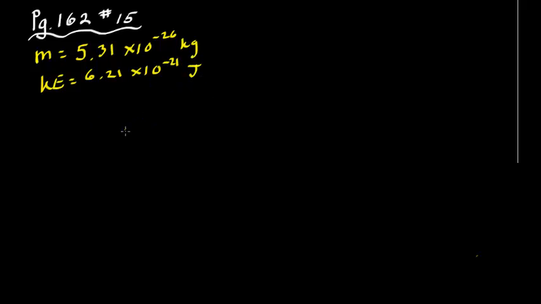Alright, fair enough. Since we're given kinetic energy, let's write down the kinetic energy formula. Never hurts to do that. And we know that equals 1/2 times the mass times the velocity squared.